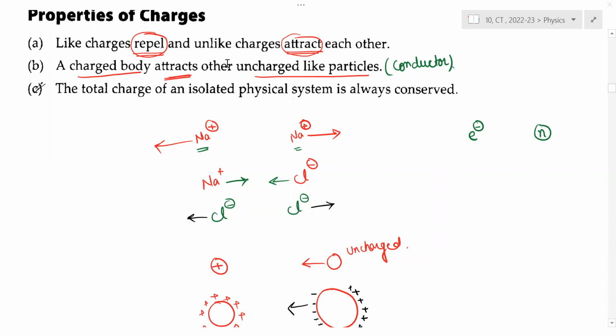Yes, sir. So in this, sir, basically what I understood was the total charge, like how we learned before in physics about kinetic energy and potential energy, how total energy is always conserved. The same way over here, negative and positive is always conserved.